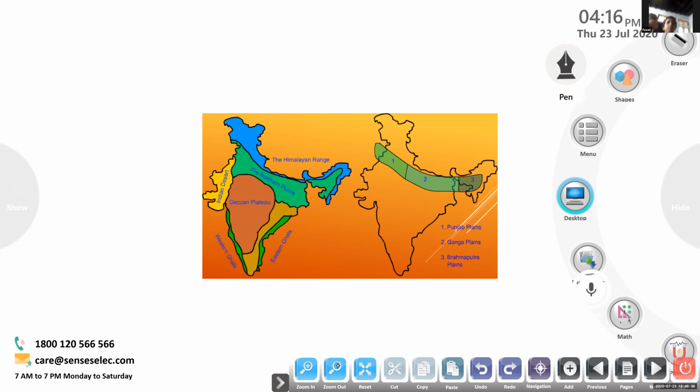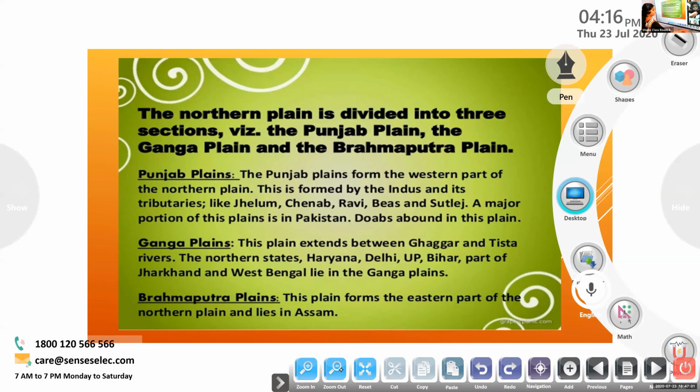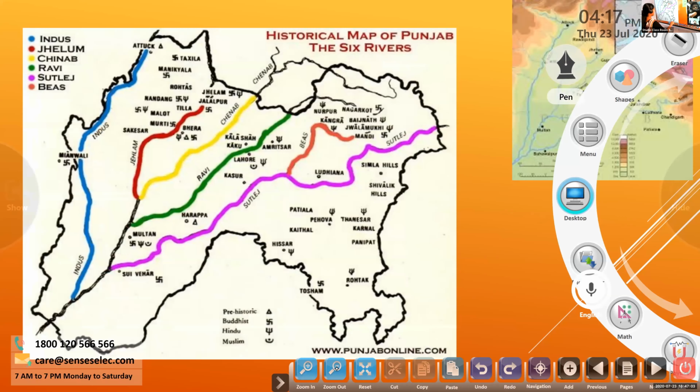Then what did we discuss under the heading Punjab plain? Punjab plain is in the west part of the northern plain, right? This is the Punjab plain.